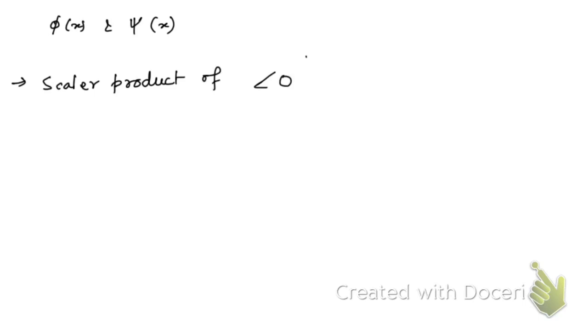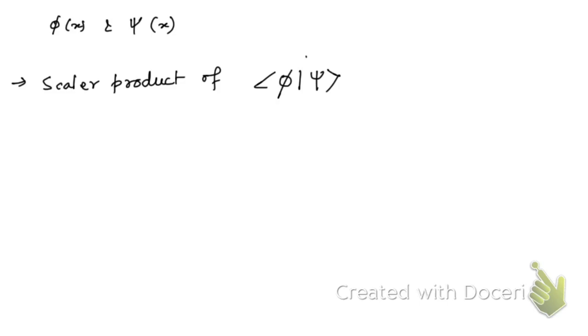Before that, let me tell you one more thing. Suppose we have two wave functions, phi of x and psi of x. These two are wave functions. The scalar product of these two is represented by phi and psi using bracket notation.